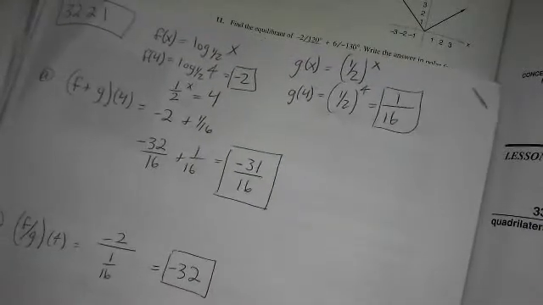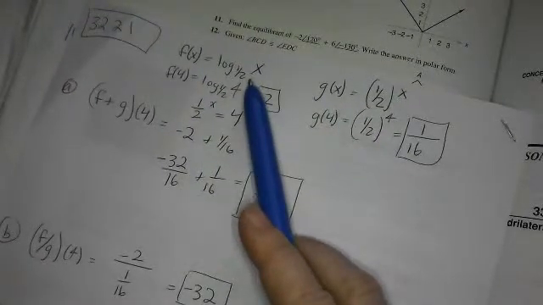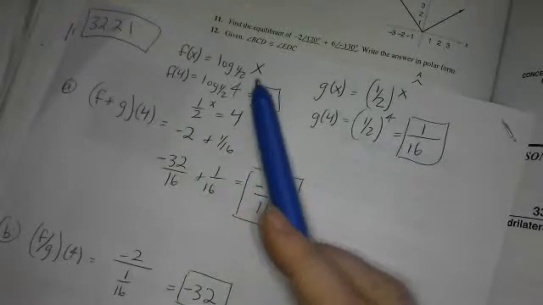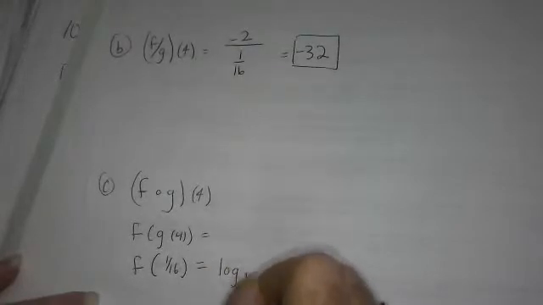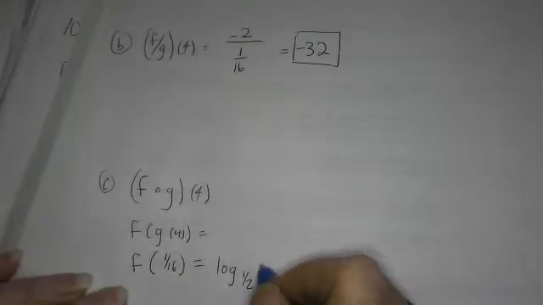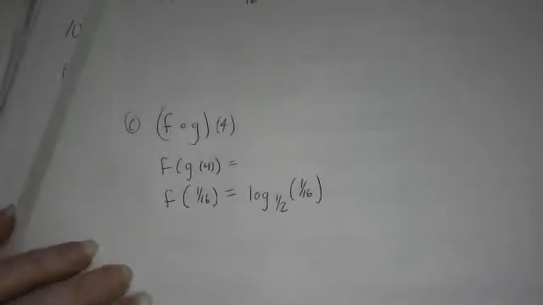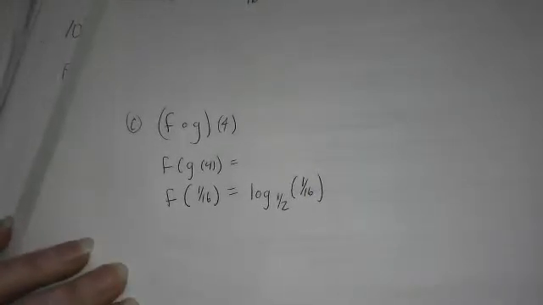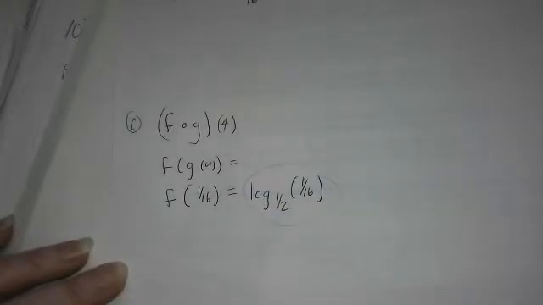Now, what is the f function? The f function is log base 1/2 of x. Let me write that down. Log base 1/2 of x, but for x we're going to say 1/16. Now here comes the tricky part. I want to rewrite this in exponential form.